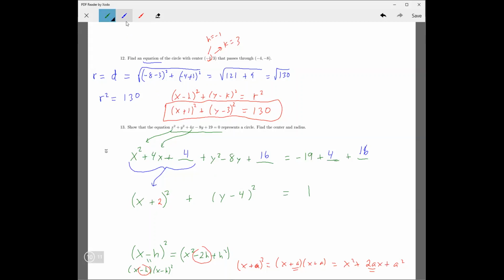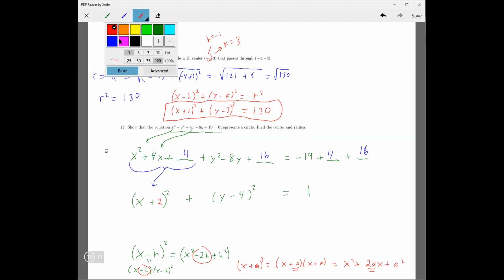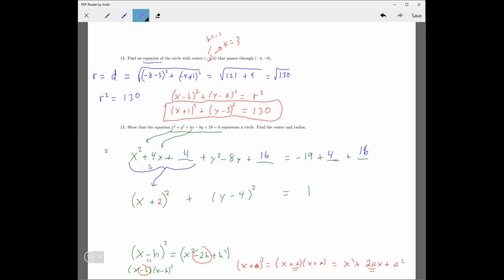Another way that people commonly do it, and you've probably heard of before, would be to start with this number right here. That's a 4. Divide it by 2, and then square that, and that gives you a 4. And then that number goes here.